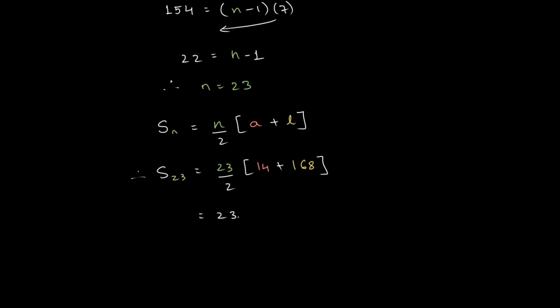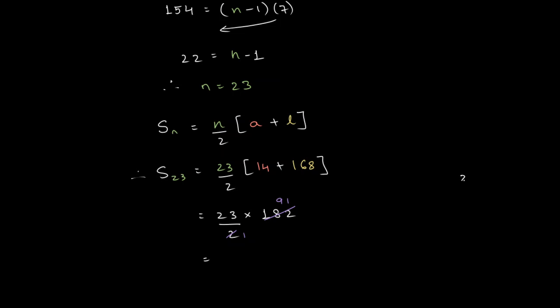So this becomes 23 upon 2 into (14 plus 168), which is 182. Don't forget the 2 down here. So I can cancel this term here. 2 ones are 2, and 2 91s are 182. All of this is equal to 23 into 91.